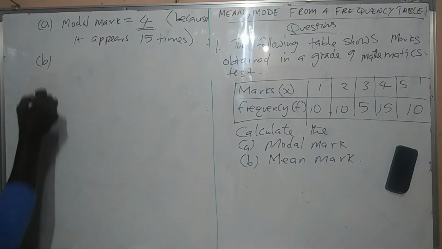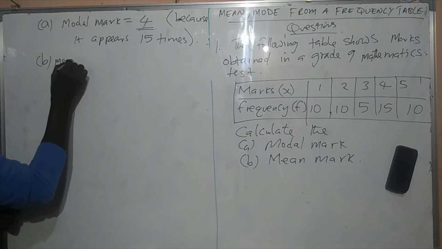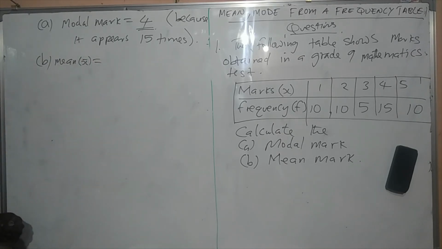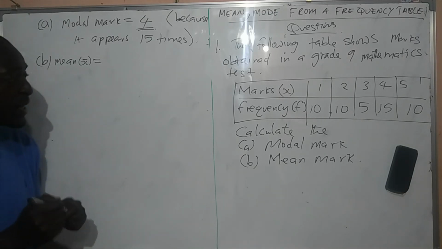Here's how you find the mean. The mean is found by multiplying these numbers.